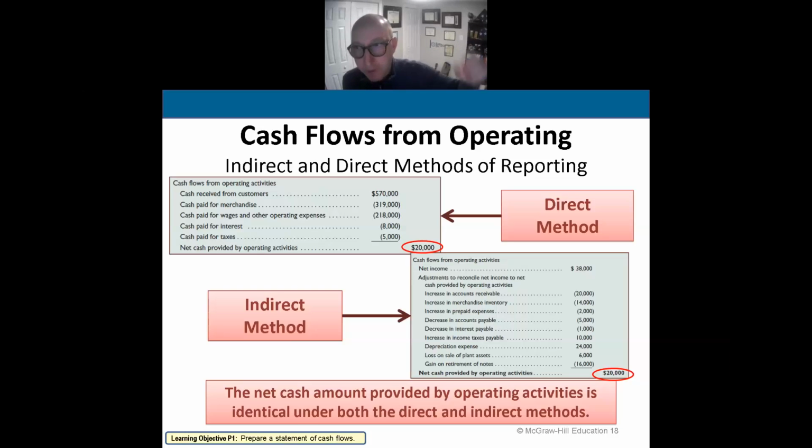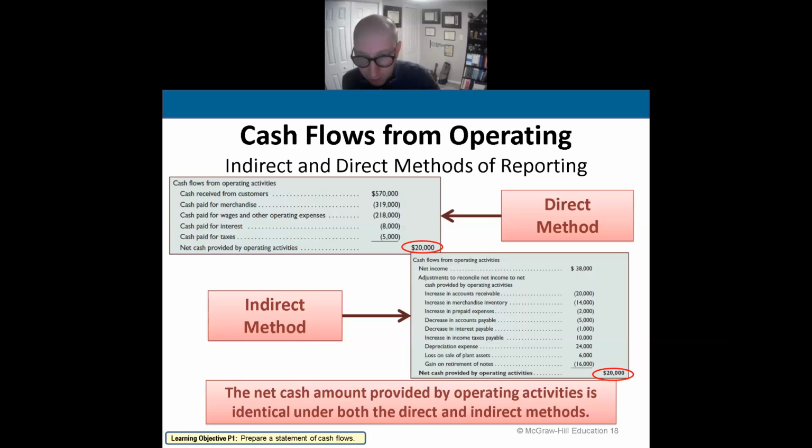Again, with the direct method, we follow the cash: cash received from our customers minus cash that we paid for operating activities. With the indirect method, we take all of our non-cash accounts, start with net income, then subtract or add your other non-cash accounts.